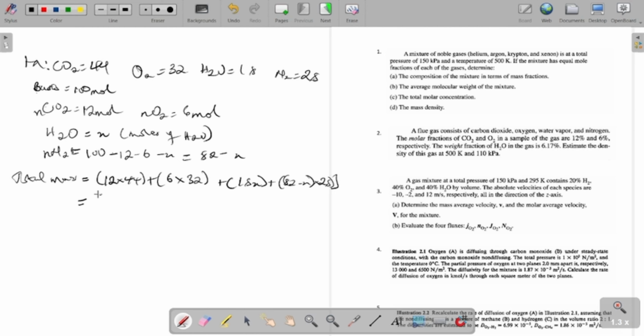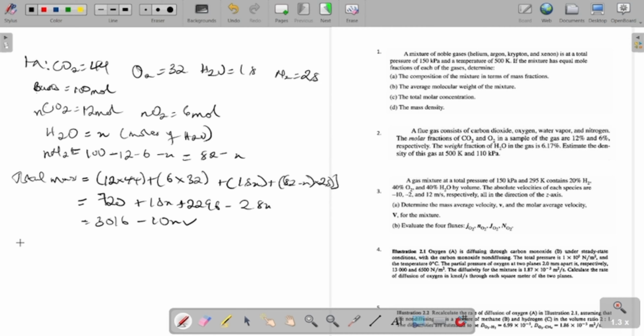Computing, we get 720 plus 18x plus 2296 minus 28x. Doing the math, I get 3016 minus 10x. So this gives me the total mass.